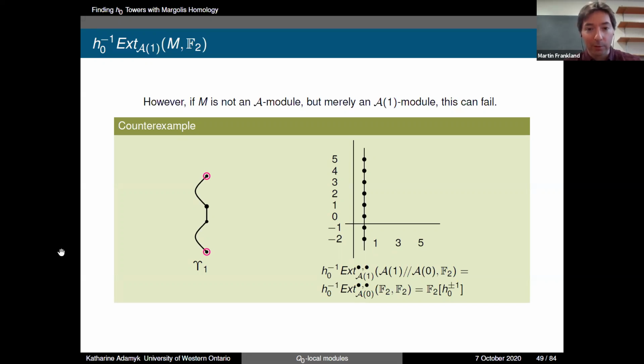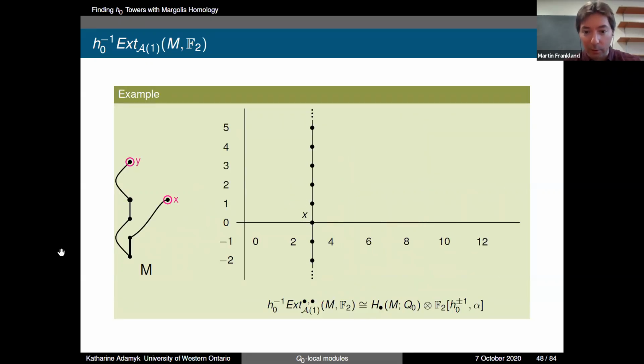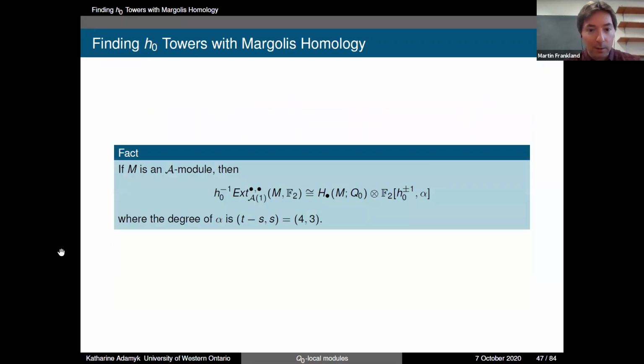So if you go back to the statement where alpha appeared, yeah, that class alpha. Okay, so the way you get this is you take the change of rings isomorphism backwards.